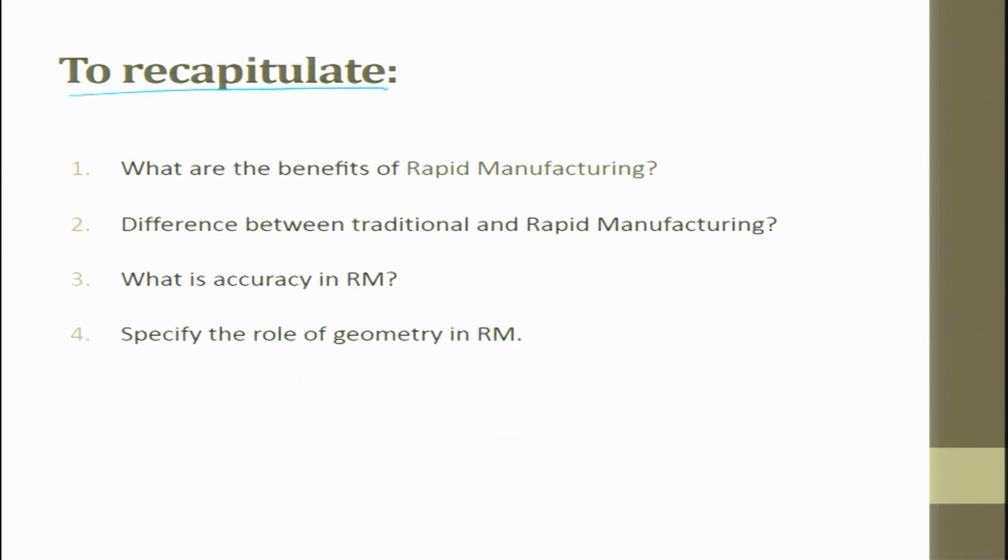So, whatever we have seen in this lecture, we saw the benefits of RM, we saw the difference between traditional and RM, we saw the accuracies in RM, and we also saw specifying the role of geometry in RM.